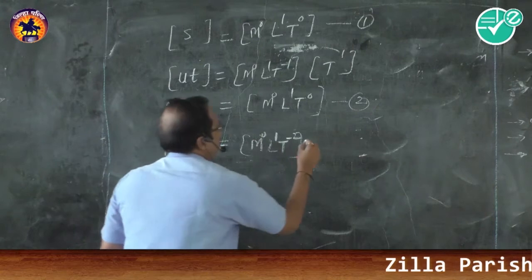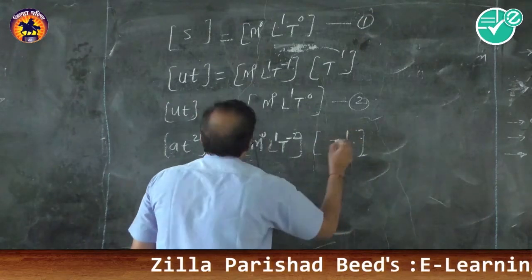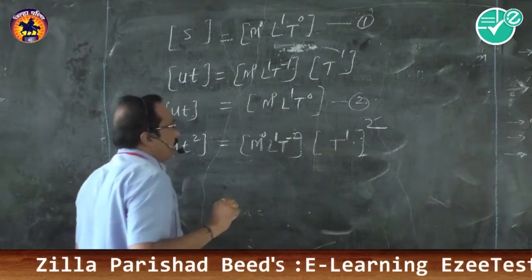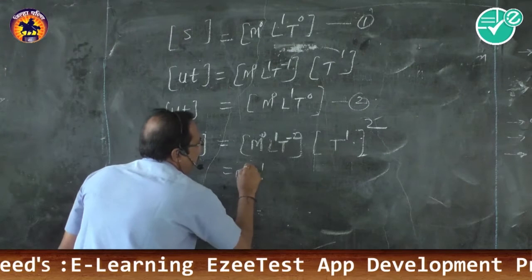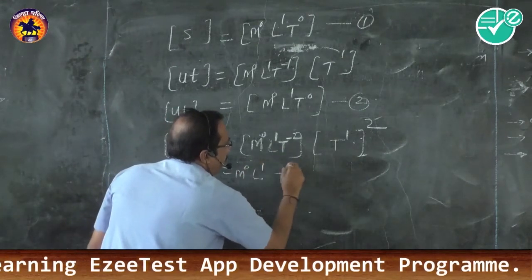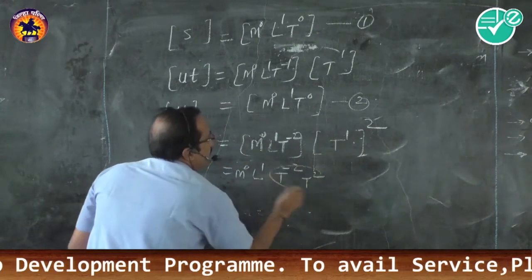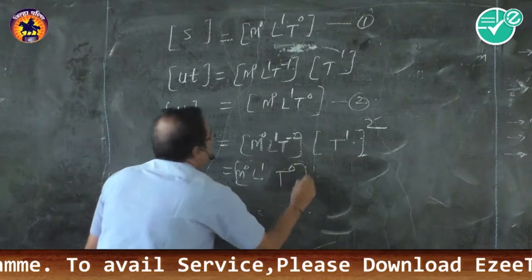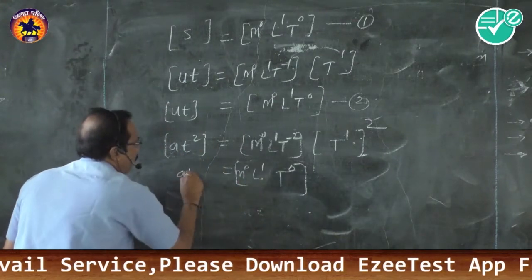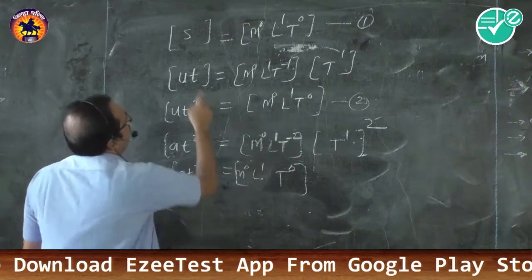The dimensions of t square are t2. So it comes to m0, l1 and t minus 2 plus 2, which is t raised to 0. So the dimensions of at square are also the same as those of ut and S.